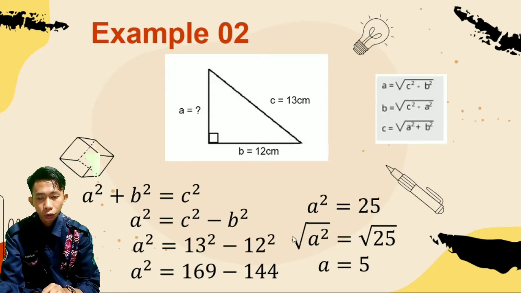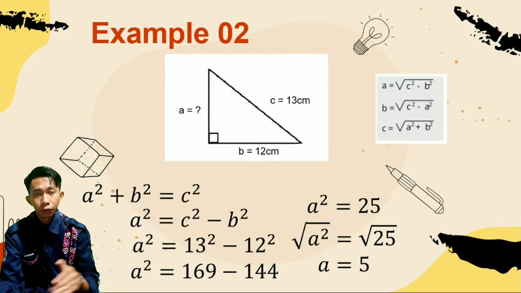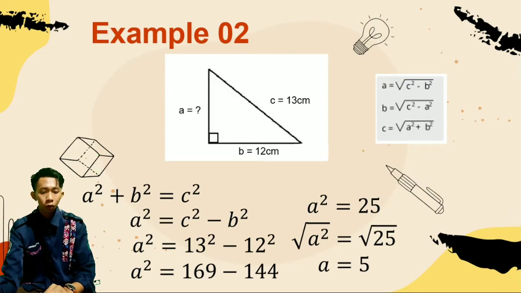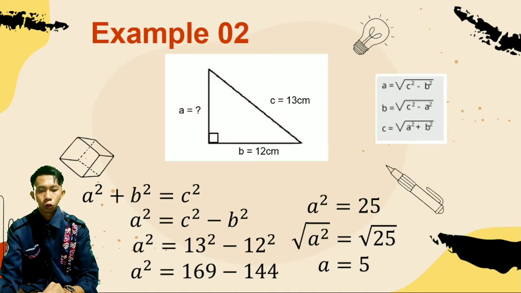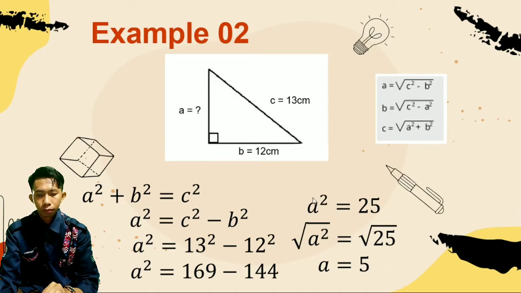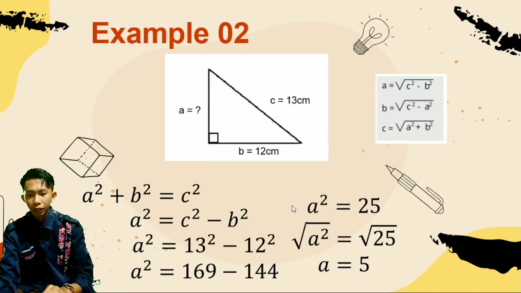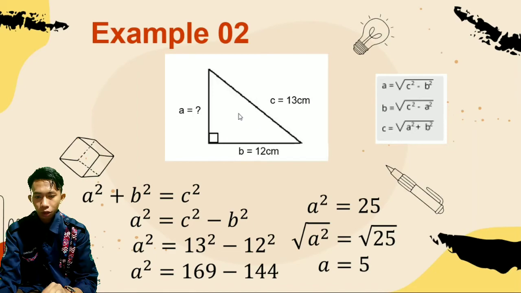Same as the previous example, if you want to know the value of A, we should put the square root on both sides. Okay, now we get the square root of A squared and the square root of 25. So A equals 5. So this is the 5, 12, and 13 triangle. Still easy, right? You just have to exchange the formula.